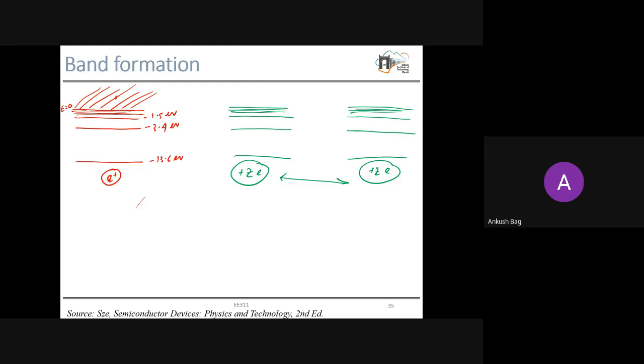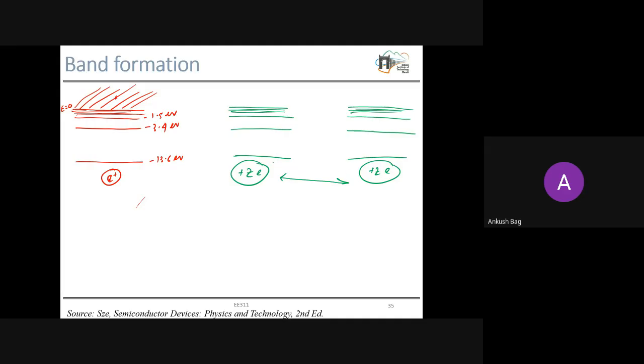What will happen to these discrete energy levels? Will they remain the same as in an individual atom, or will there be any change as we bring the two atoms closer and closer?